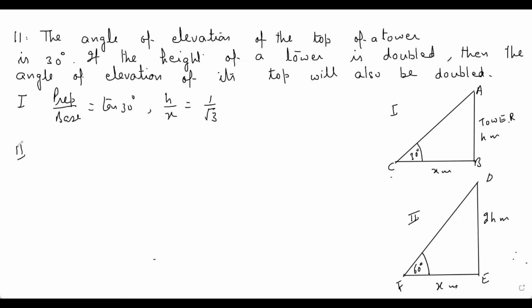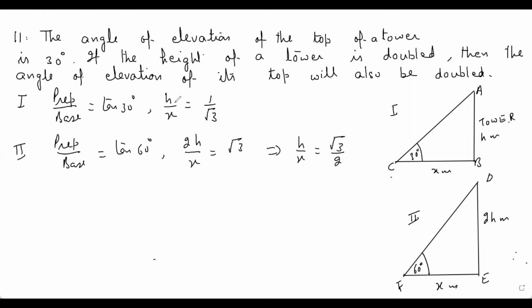In case 2, in triangle DEF, perpendicular upon base is equal to tan 60 degree. It means perpendicular here is 2h upon base here is x, is equal to root 3. It implies h by x is equal to root 3 by 2.